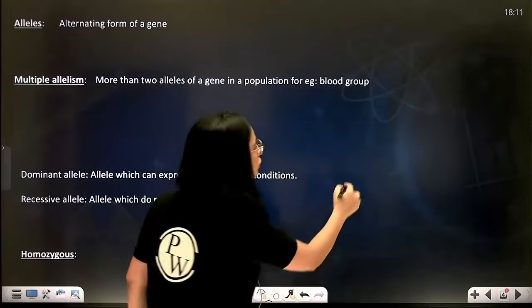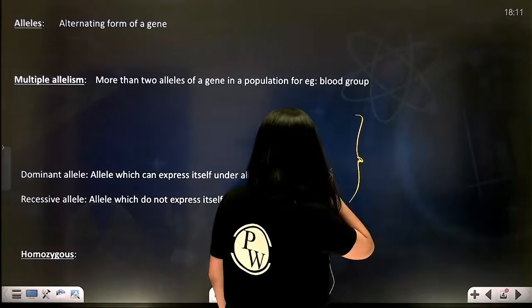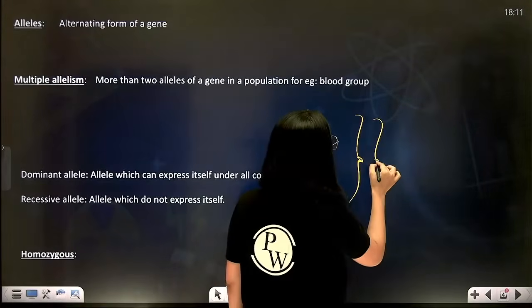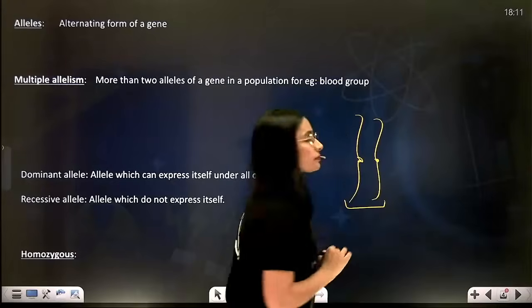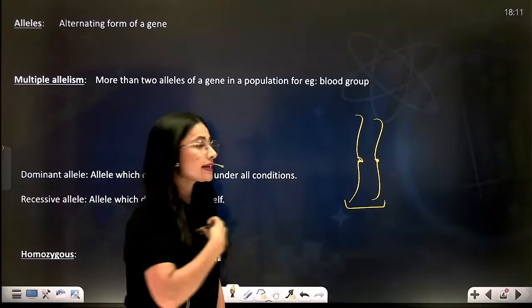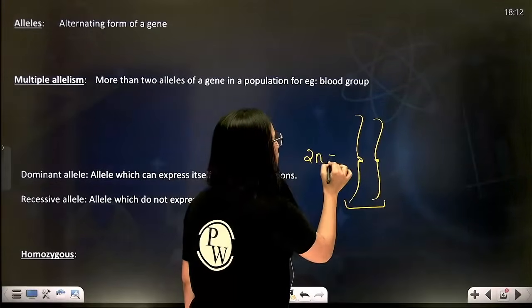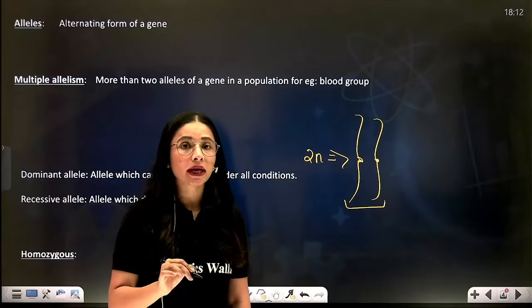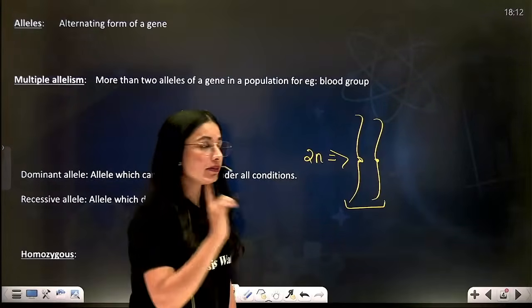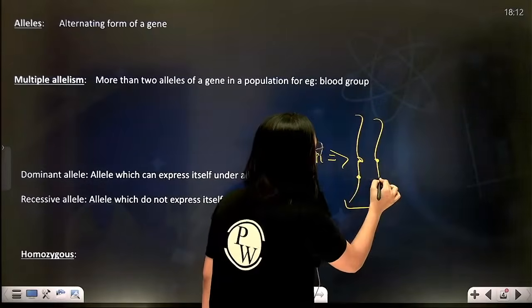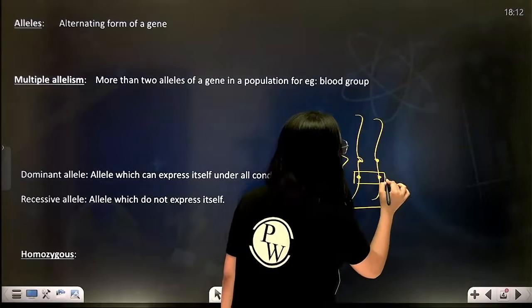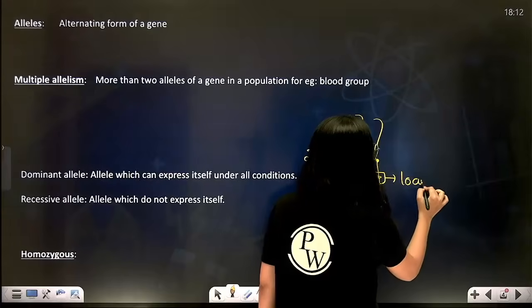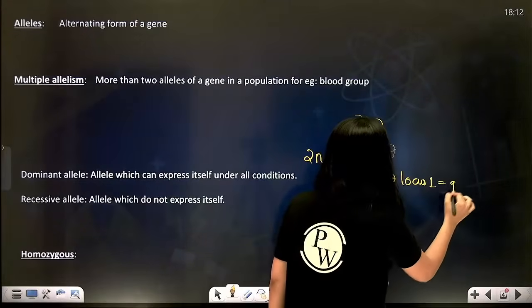So this is my one chromosome pair in a diploid cell. In this one chromosome pair, for each gene there will be one locus. This is locus 1 having gene 1.